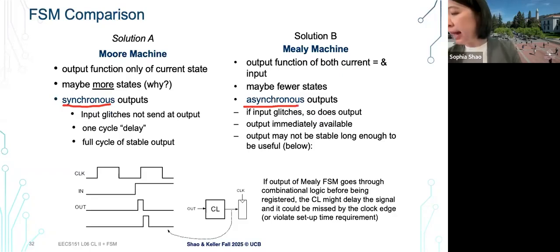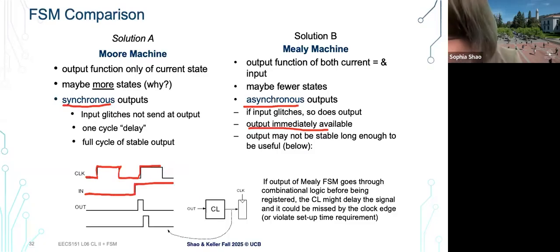So with a Mealy machine the output can actually change immediately, but there can also be issues. For example, for this clock, for this design, let's say the input changes very late, right before the clock edge.